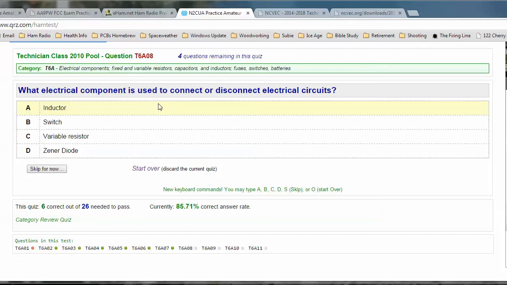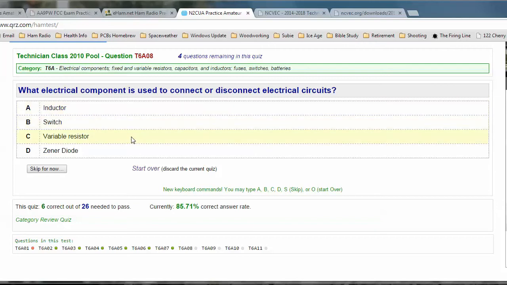Which electrical component is used to connect or disconnect electrical circuits? Always a switch. A switch does what's called completing the circuit. In electronics, you always have to have a complete circuit for current to flow. If you do not have that, the current will not flow, and so a switch interrupts that flow of current.